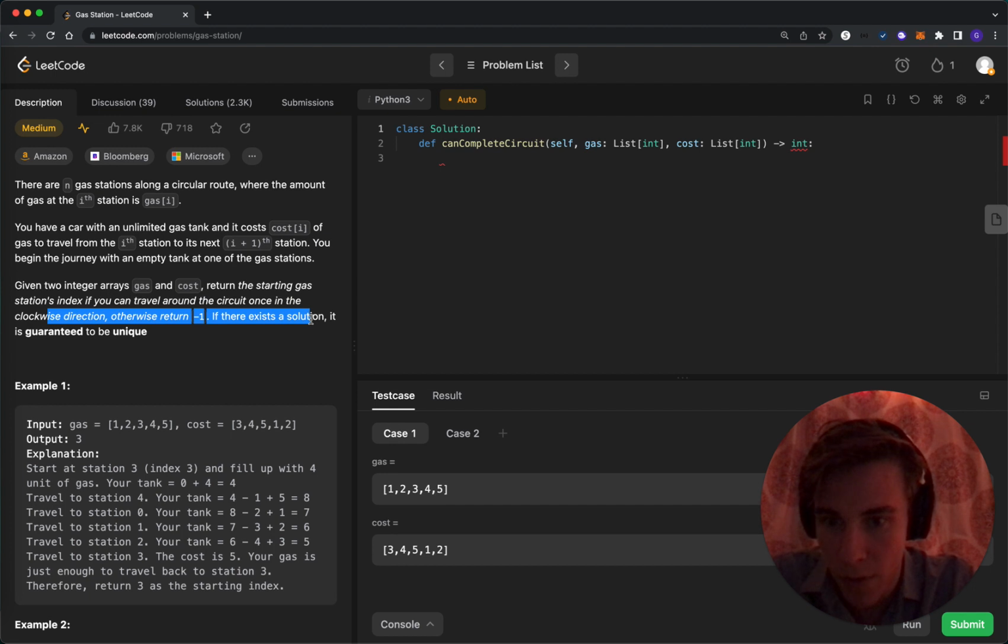Otherwise return -1. If there exists a solution, it's guaranteed to be unique.